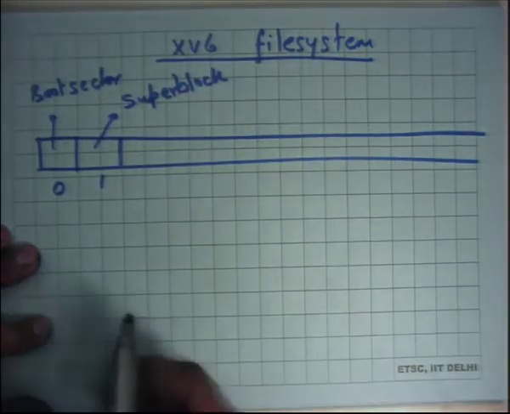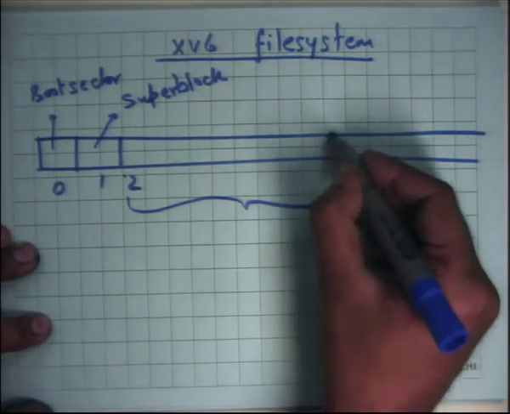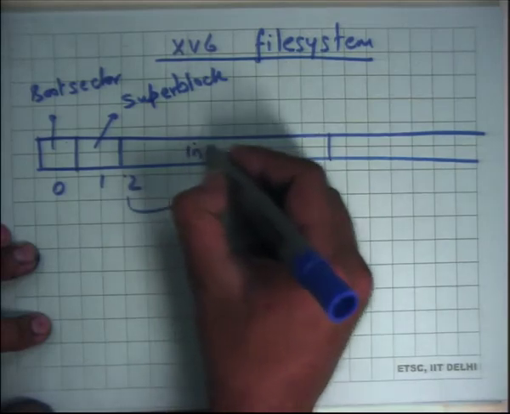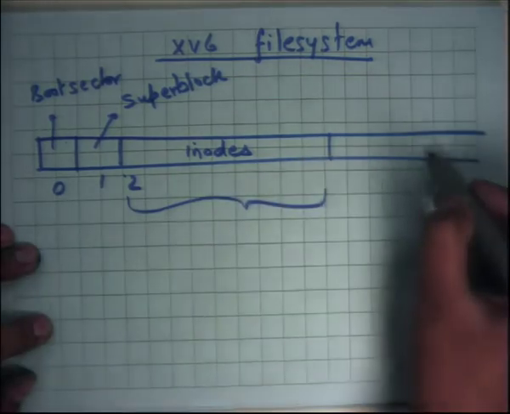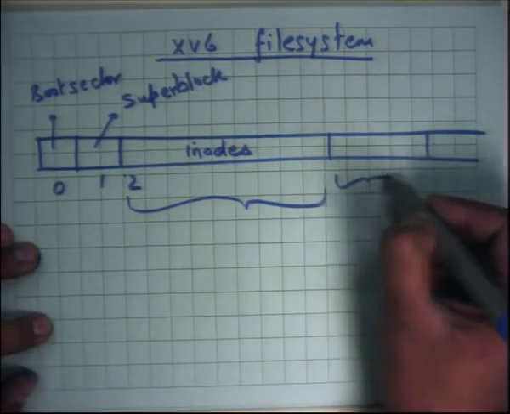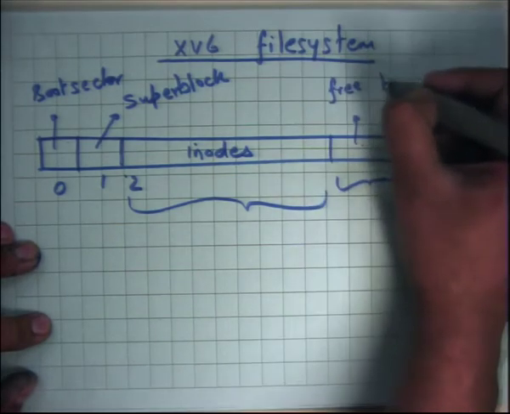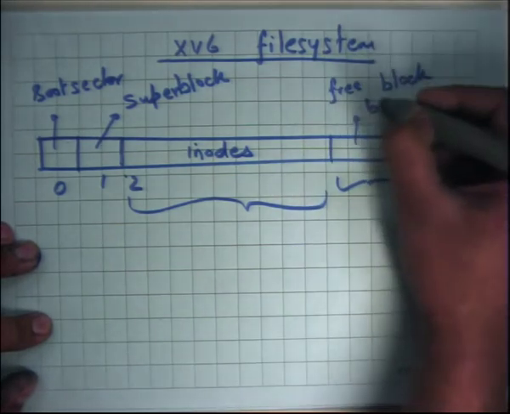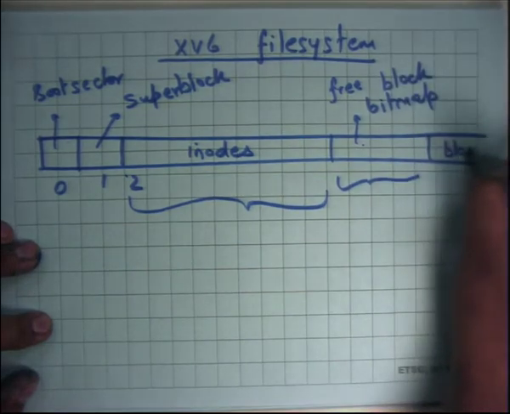And then from block 2 to some number, they have inodes. Okay. Then till some point they have what's called a free block bitmap, and then you have the blocks themselves, right?